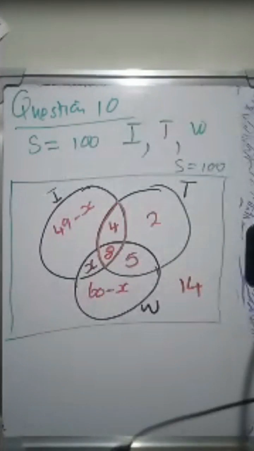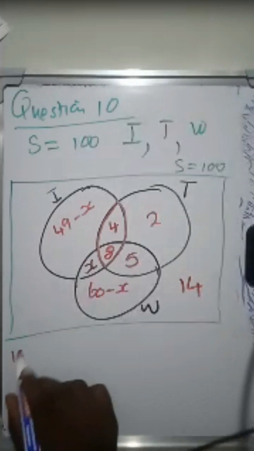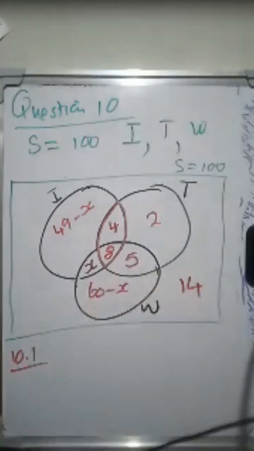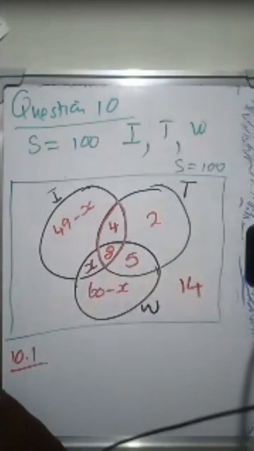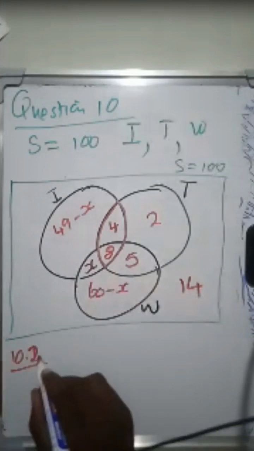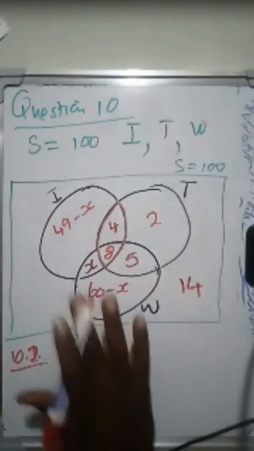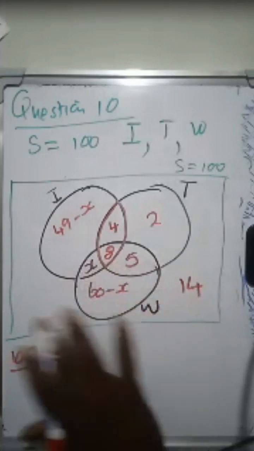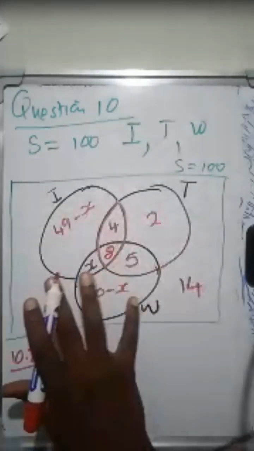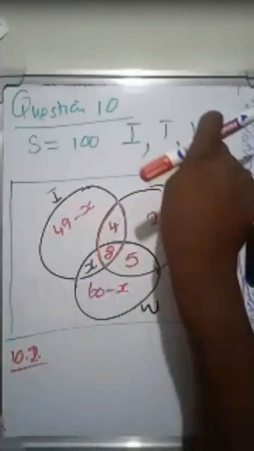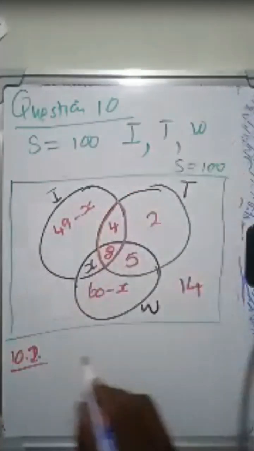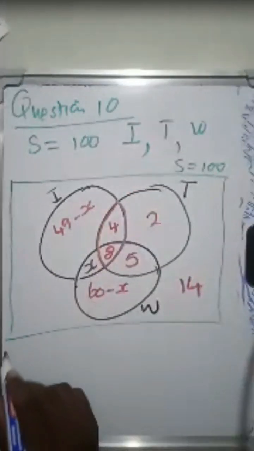Right. Now we have drawn the Venn diagram. Now the question says 10.1. We are now going to use the Venn diagram to answer. Calculate the value of x. Now in order to calculate the value of x, we add everything that is in the box. It should give us what? 100. So that is going to be 10.2.